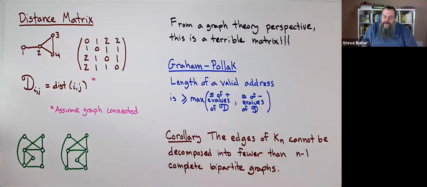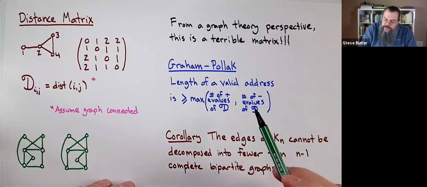And so now, all right, well, why is this the Graham-Pollak theorem? Because most people, when they hear Graham-Pollak, think of the corollary. Well, what's that? It says, hey, the edges of Kn cannot be decomposed into fewer than n-1 complete bipartite graphs. Well, how do these two connect?